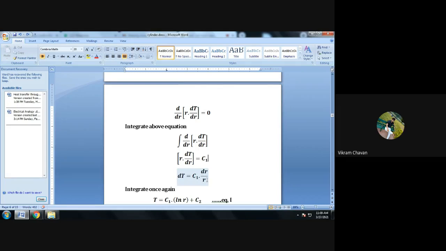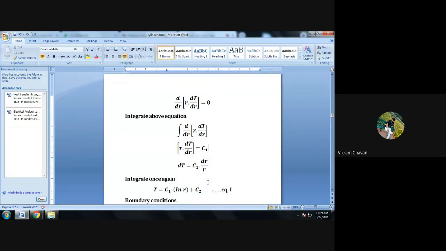Once we integrate this equation, integration of dt will become t, equal to c1 multiplied by integration of dr divided by r. Integration of 1 upon r is ln of r, or log r.